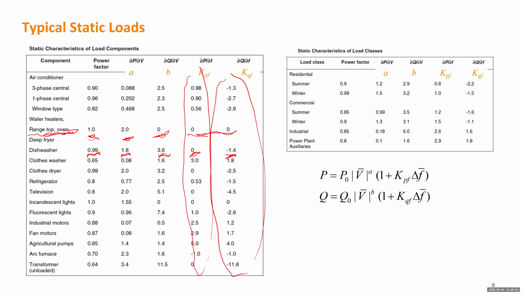The second table shows those parameters in different seasons for different classes of load. For example, for residential load in the summer, you have both active and reactive power. For the A factor, that's 1.2, so that's more like a constant current load.